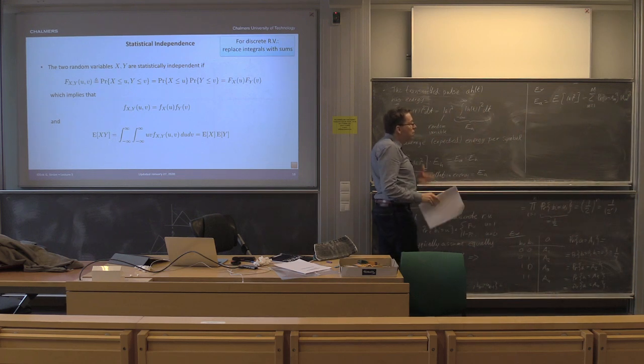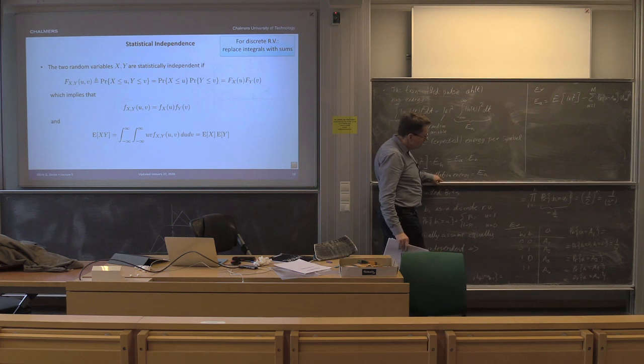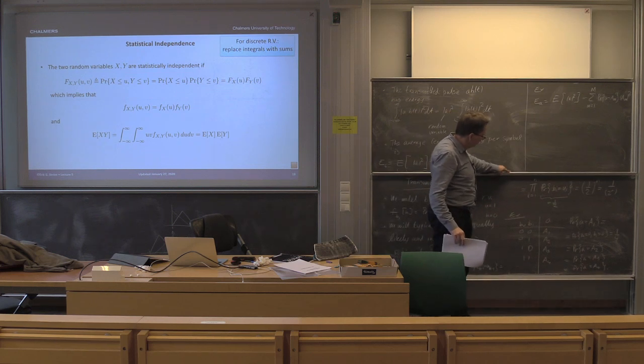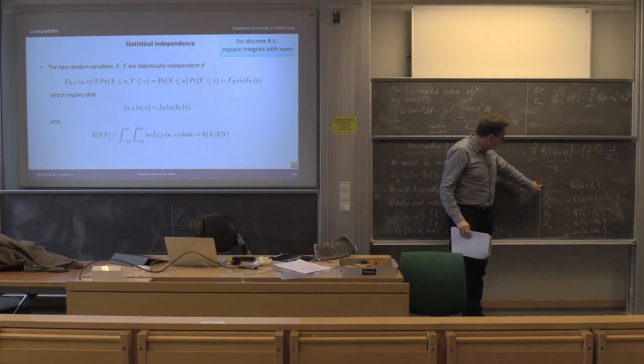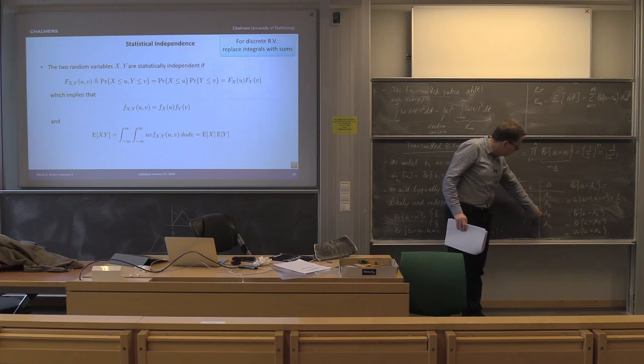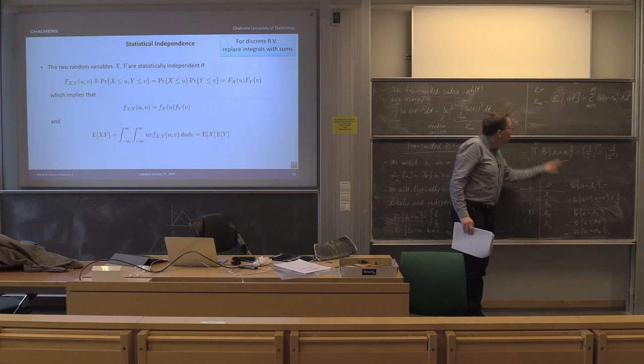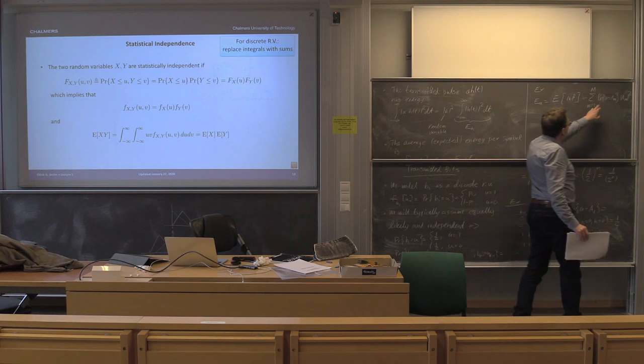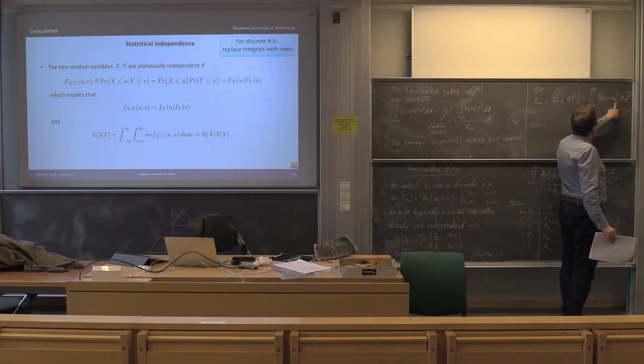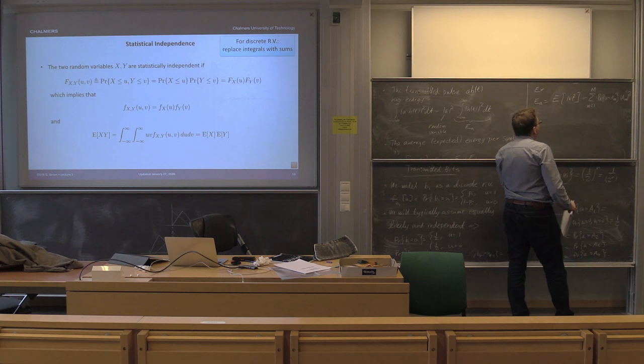So small a can be A1, A2, A3, or A4. We multiply the probability of this happening with the magnitude squared of the amplitude, and then we get the expected value of the amplitude squared.